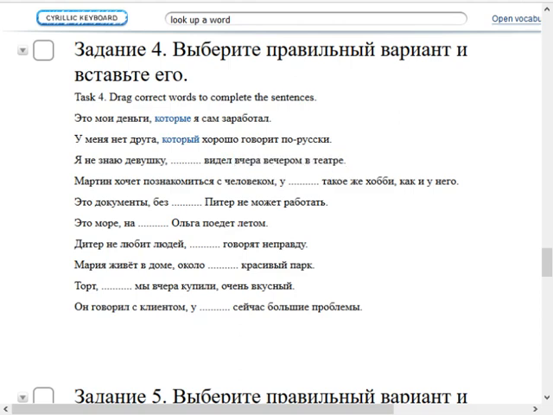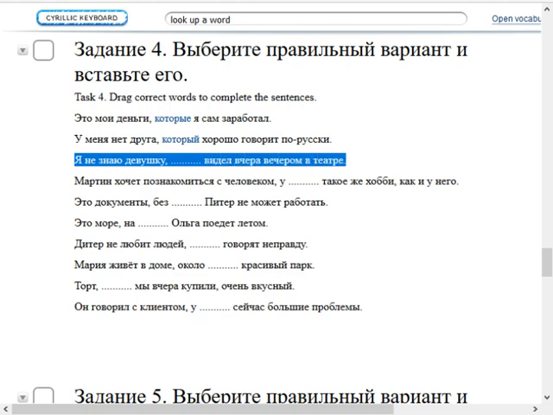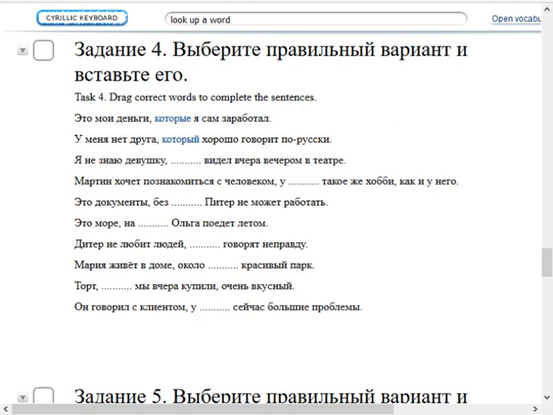I think he means I don't know the girl whom I saw. He saw a girl in the theater last night, and he's saying, I don't know the girl whom I saw. So he saw her, that should then be accusative. Should be accusative case because if you say, I see the girl, then the girl is in the accusative case. She's the direct object of the verb.